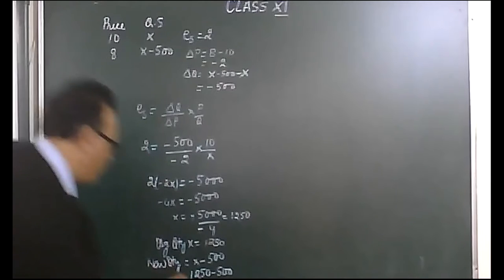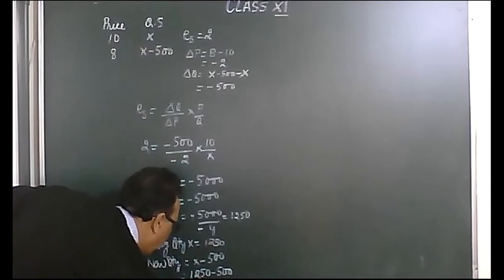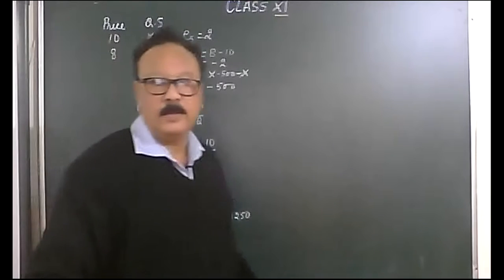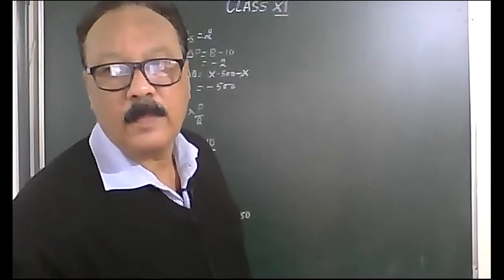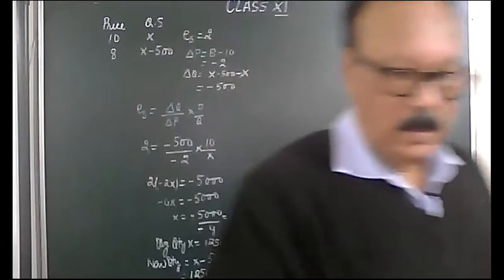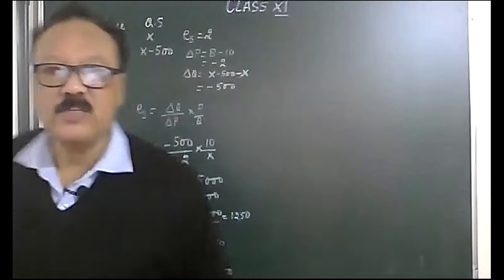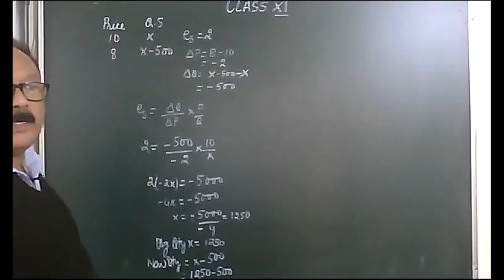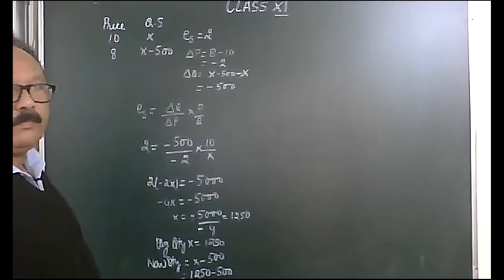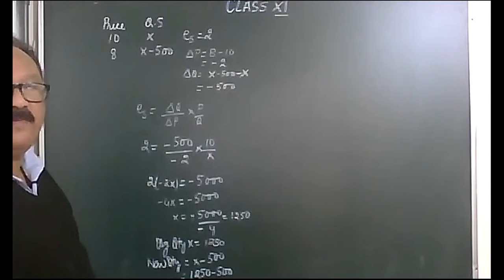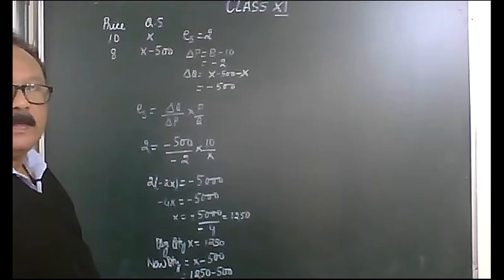That is 750. Understood? This was the question I had given you last week. So 1250 minus 500 is equal to 750. Can you see the last line? It is 750.